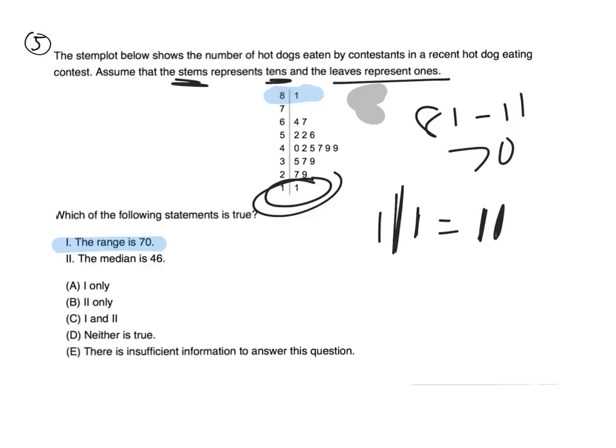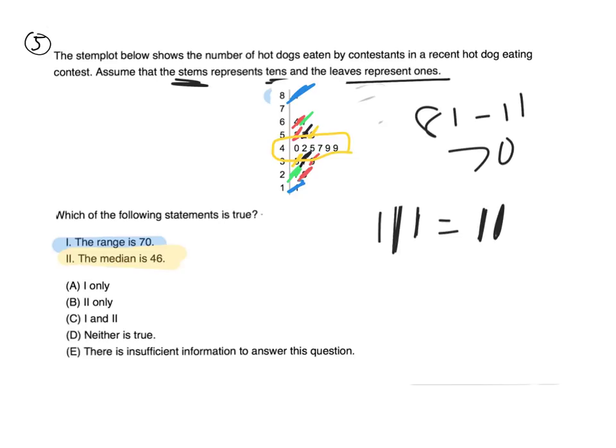Then they say the median is 46. So it looks like the biggest number is 81, the smallest is 11. The next biggest is 67. The next smallest, 27. Then I'll cross off the 64, the 29. The 56, the 35. The 52, the 37. The 52, the 39. So now I'm down to these 40s.